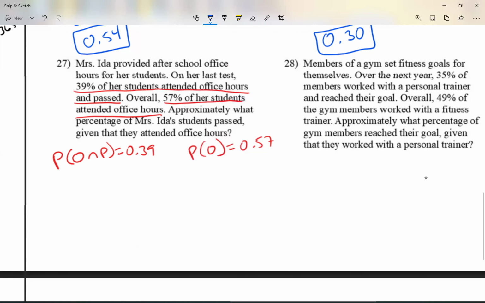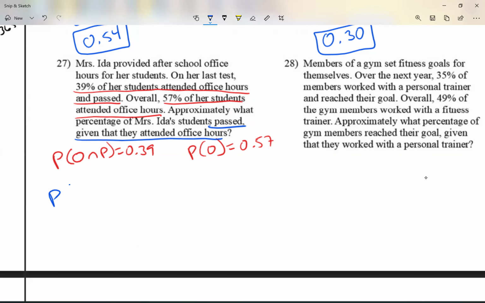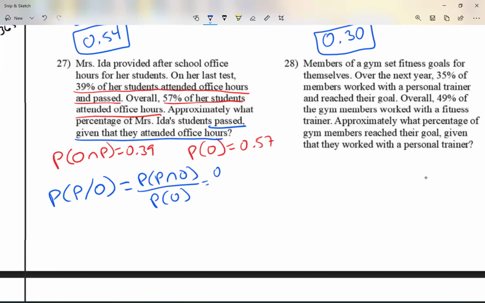And now here it is: approximately what percentage of Miss Ida's students passed given that they attended office hours? So basically I'm asked, what's the probability of passing given they attended office hours? So I have to go probability of passing and office hours divided by probability of office hours. The probability a student passed and attended office hours is 0.39. The probability they attended office hours is 0.57.